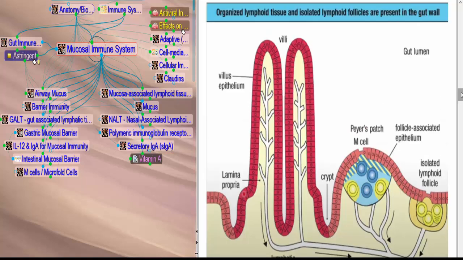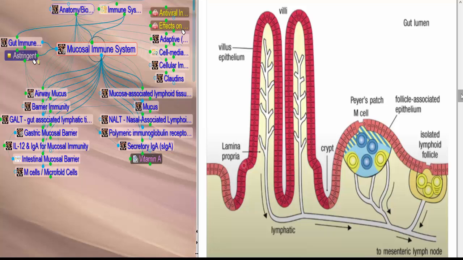If we scroll down a bit, there's a good diagram of the mucosal immune system in the gut wall. We've talked about some of this already. Here are the villi in the small intestine, and the gut lumen is up here. These are the epithelial tissues in the villi. It's filled in with the lamina propria.